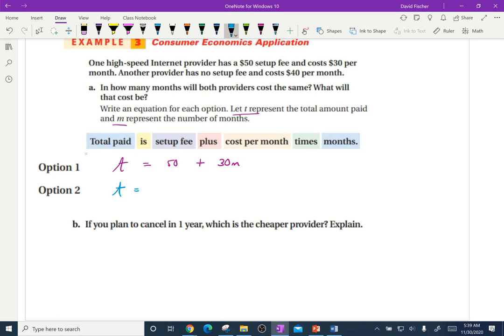Another provider has 0 setup fee, so I'm not even going to write 0 there. And they have a $40 per month fee. So I can take this 40M, plug it in for that T over there in the first equation. So I got 40M equals 50 plus 30M. Let's get the M by itself.